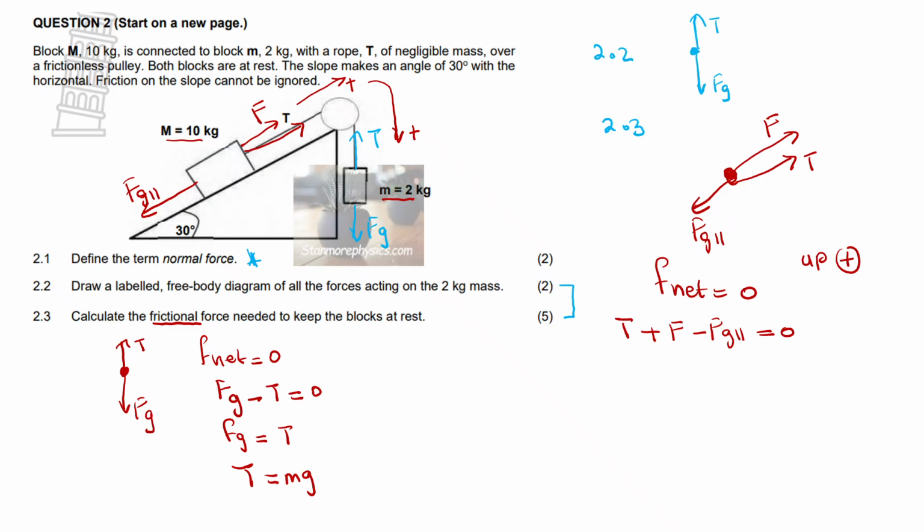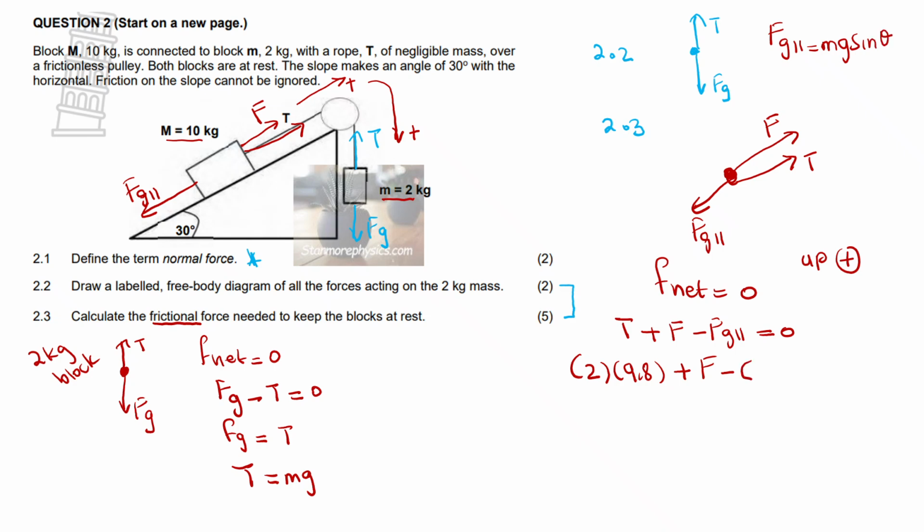So I'm just going to substitute this. The mass is 2. Remember, this is for the 2 kg block. So this will be the mass of 2 multiplied by 9.8. We add F, we subtract Fg parallel. What is Fg parallel? Fg parallel is equal to mg sine theta.